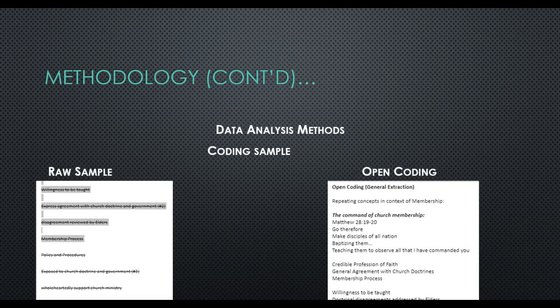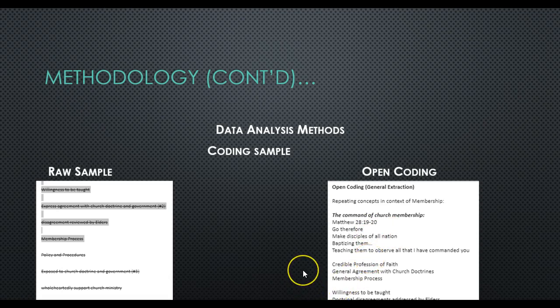I used that as a template to do some raw coding. Then I take that raw sample and come over here toward the right and start a more refined open coding process of the repeating concepts in the context of church membership. And I start to group them, as you can see here.